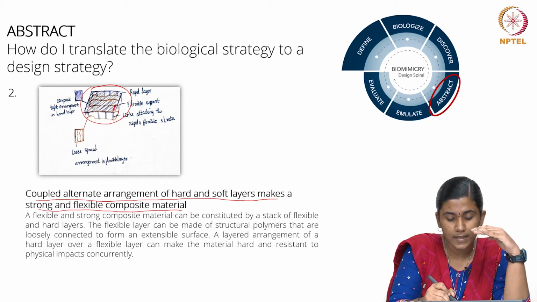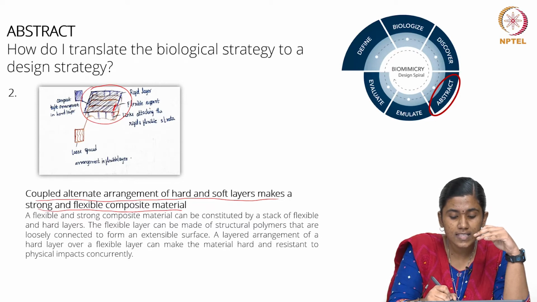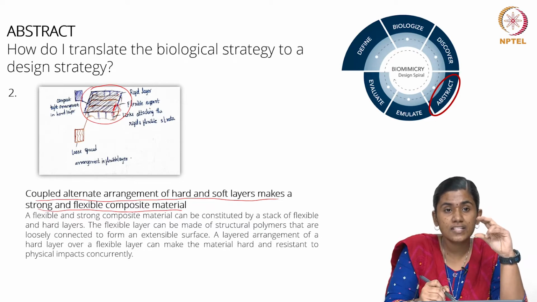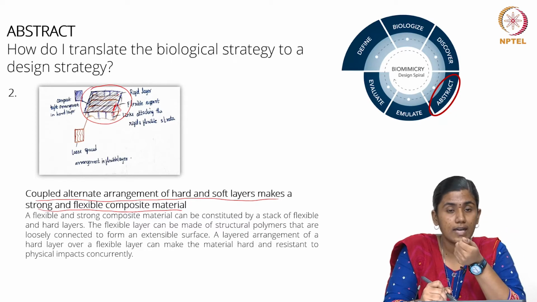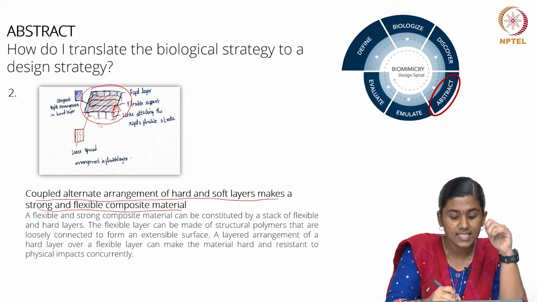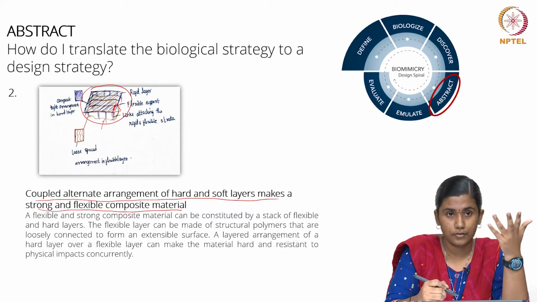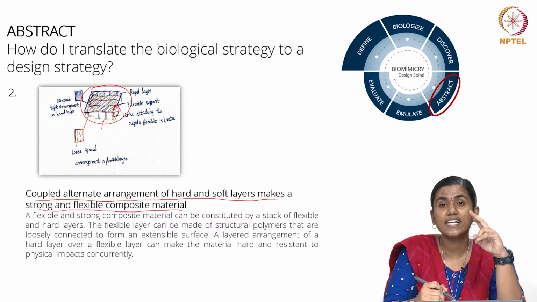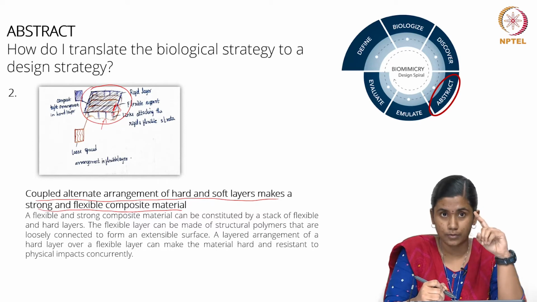Say the flexible layers make up the first layer and the hard layer makes up the second layer. So when these are combined together, they give rise to a very nice composite material that is able to extend under stress as well as stay strong when it's disturbed with external forces. So that's like hitting two mangoes with one stone.